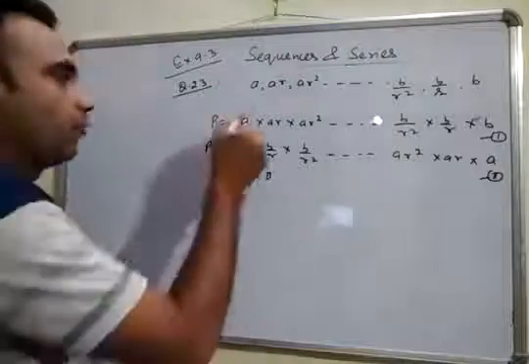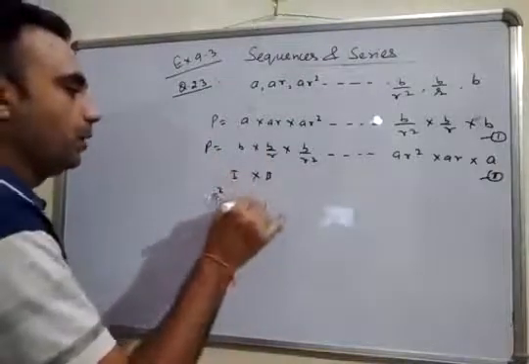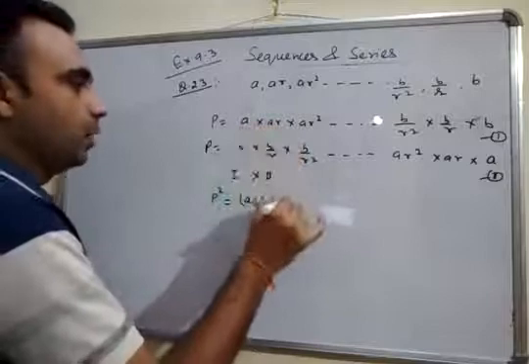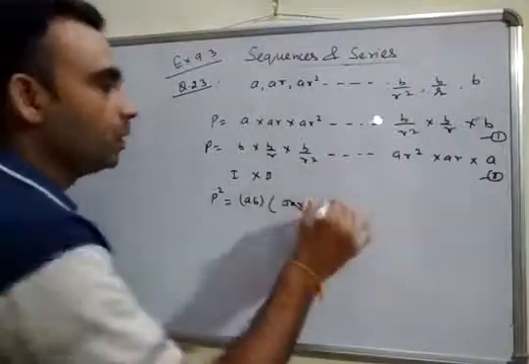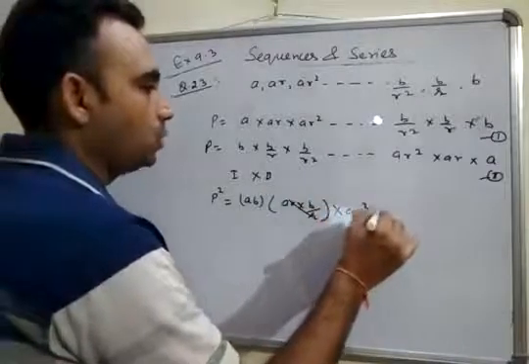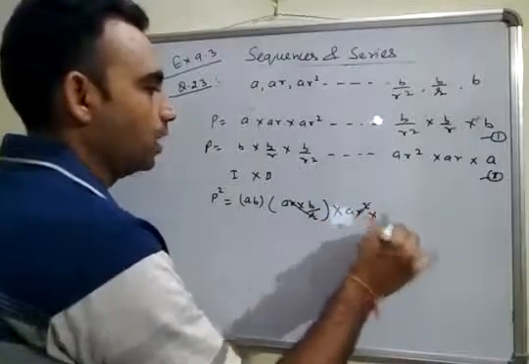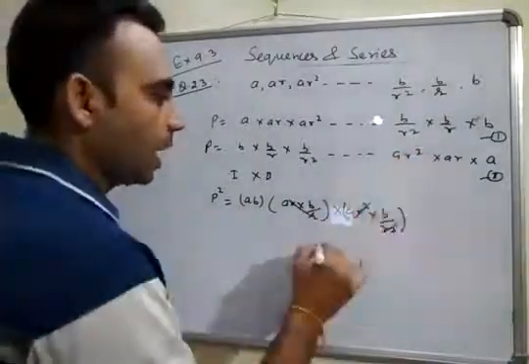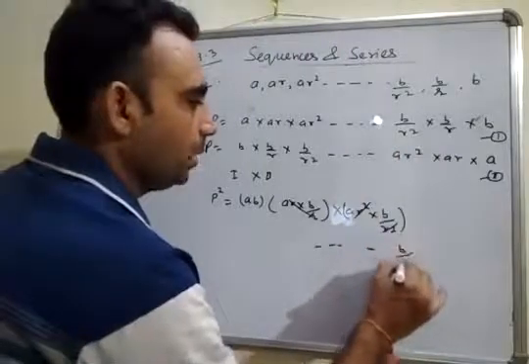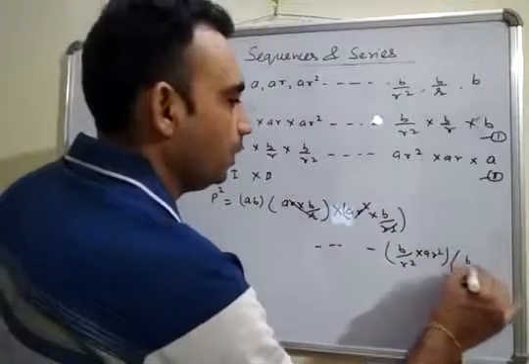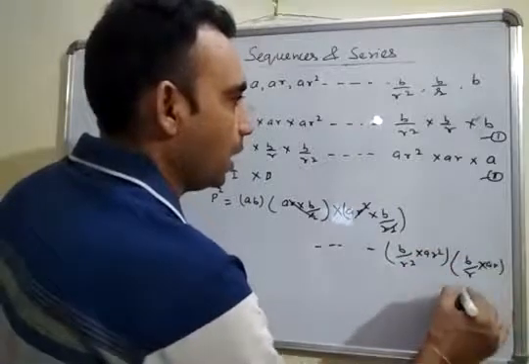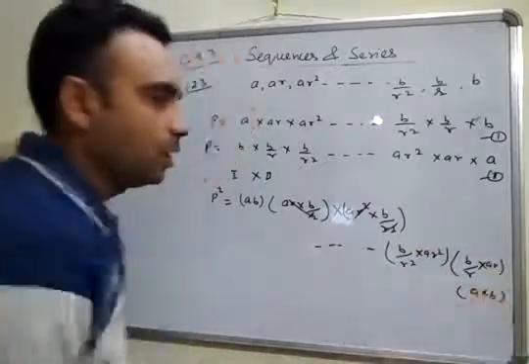We multiply term by term. First term: AB. Second term: AR into B upon R, which is AB. Third term: AR square into B upon R square, again AB. Likewise in the last: B upon R square into AR square is AB, B upon R into AR is AB, and A into B is AB.